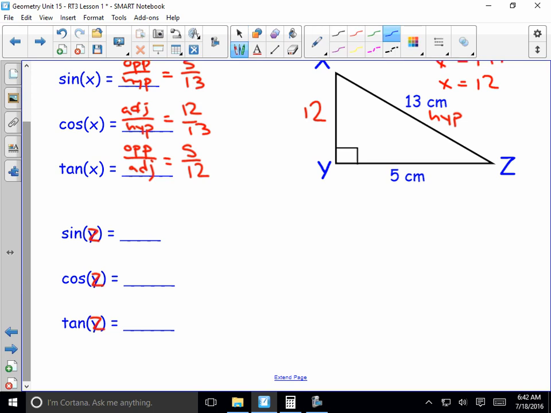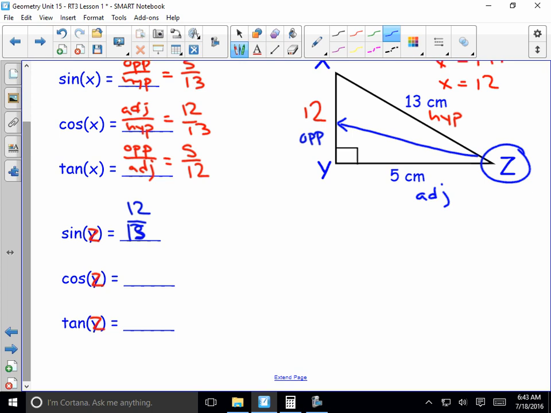Okay, so now that we know that we're standing at z, we need to relabel. 12 becomes the opposite side. That means that 5 has to be the adjacent side. As long as you can remember opposite and hypotenuse, adjacent only has one place that's left. So now for sine of z, sine is opposite over hypotenuse, 12 over 13, excuse me.